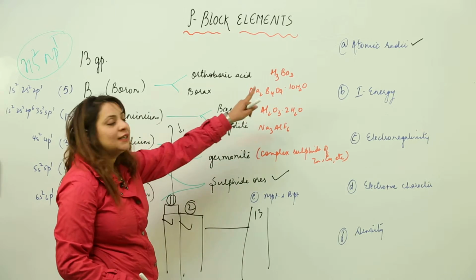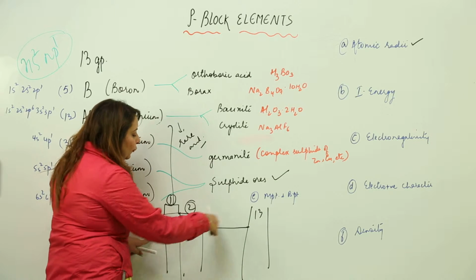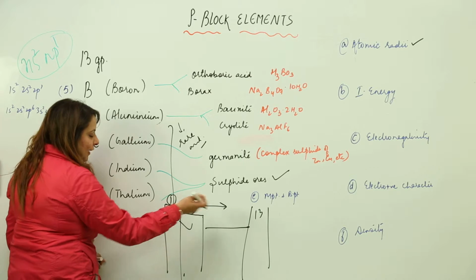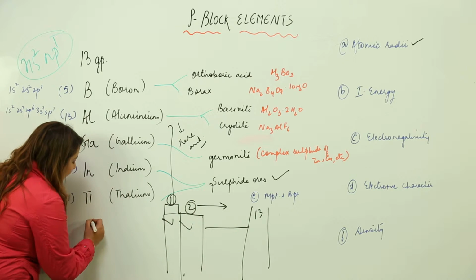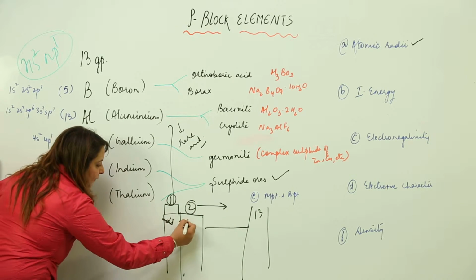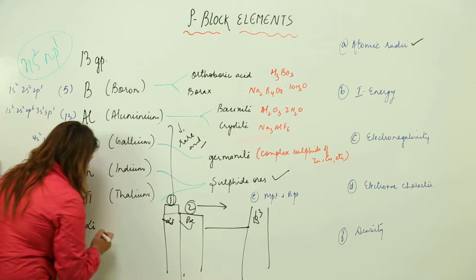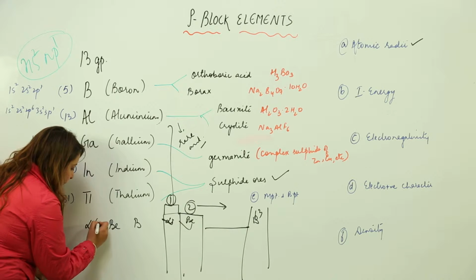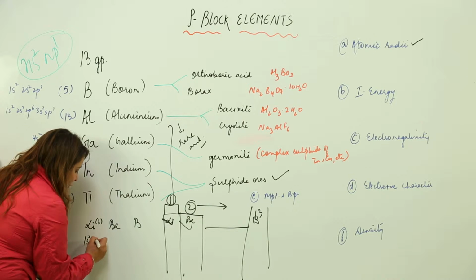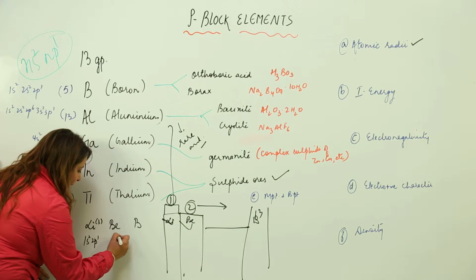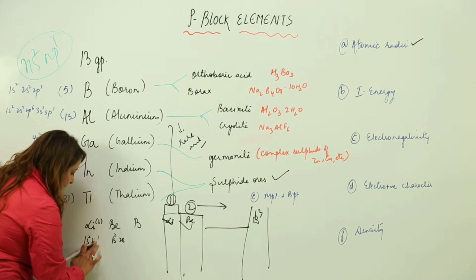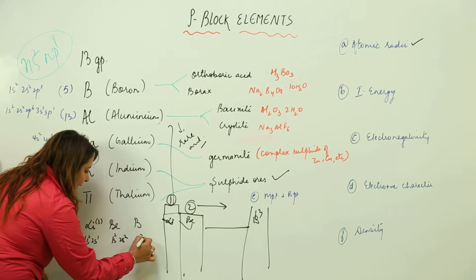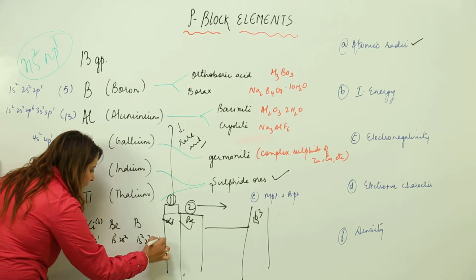If we talk about size, as we move in a period, take an example: lithium, beryllium and boron. Lithium has atomic number 3, so the configuration is 1s2, 2s1, this is 1s2, 2s2 and this is 1s2, 2s2, 2p1.